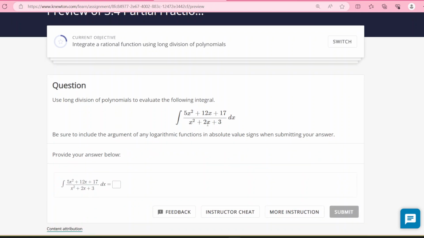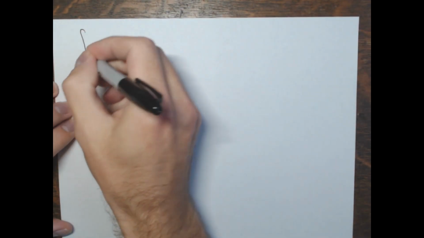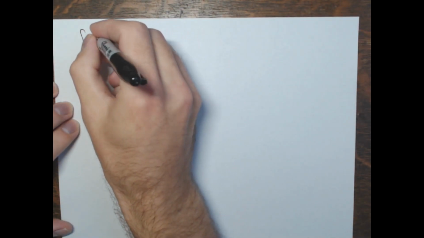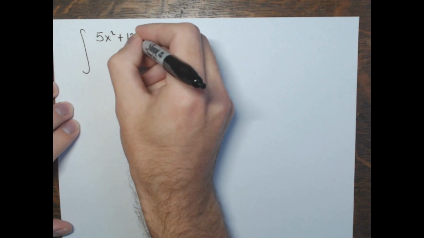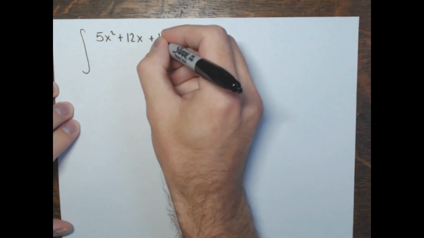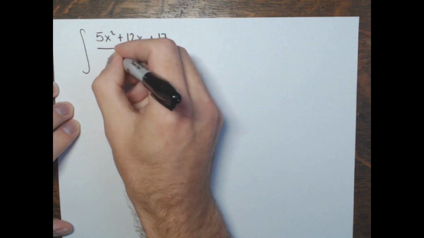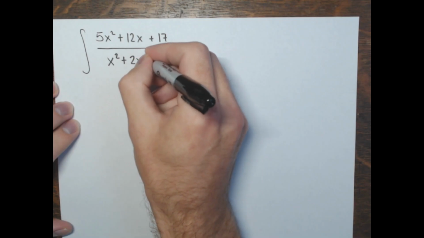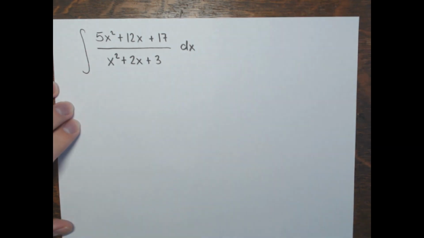We're going to do division first. So here's my integral. We have the integral of the rational function 5x squared plus 12x plus 17 over x squared plus 2x plus 3, times your differential.